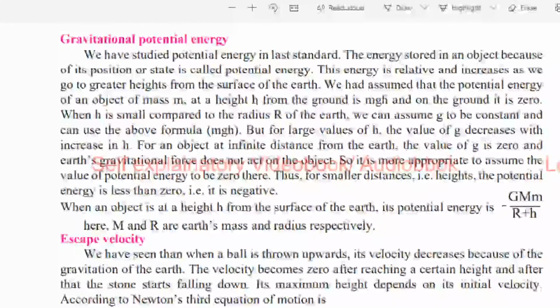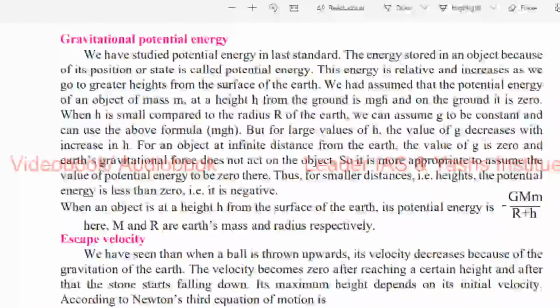But for a large value of h, the value of g decreases with an increase in h. For an object at infinite distance from the earth, the value of g is 0 and the earth's gravitational force does not act on the object. So it is more appropriate to assume the value of potential energy to be 0 there.